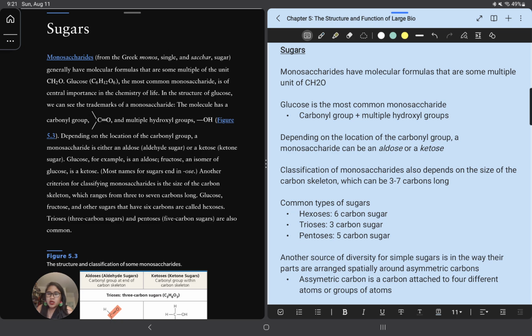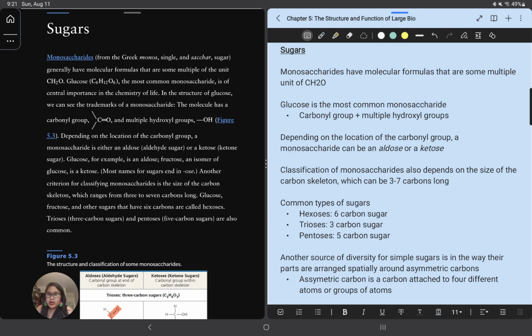The molecule has a carbonyl group and multiple hydroxyl groups. Depending on the location of the carbonyl group, a monosaccharide is either an aldose or a ketose. Glucose, for example, is an aldose, and fructose, an isomer of glucose, is a ketose.